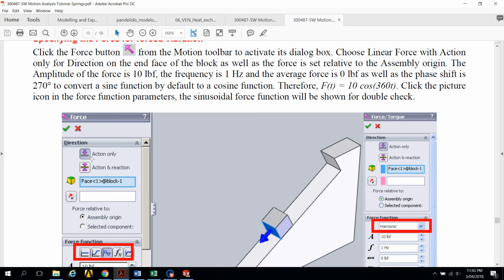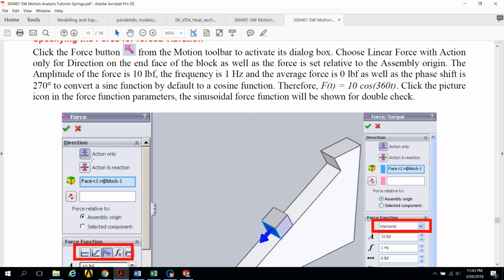The amplitude of the force is 10 pounds and the frequency is 1 Hertz, and the average of the force is going to be 0 pound, as well as the phase shift is going to be 270 degrees to convert the sine function by default to a cosine function. Therefore the F(t) is going to be equal to 10 cosine 360t.